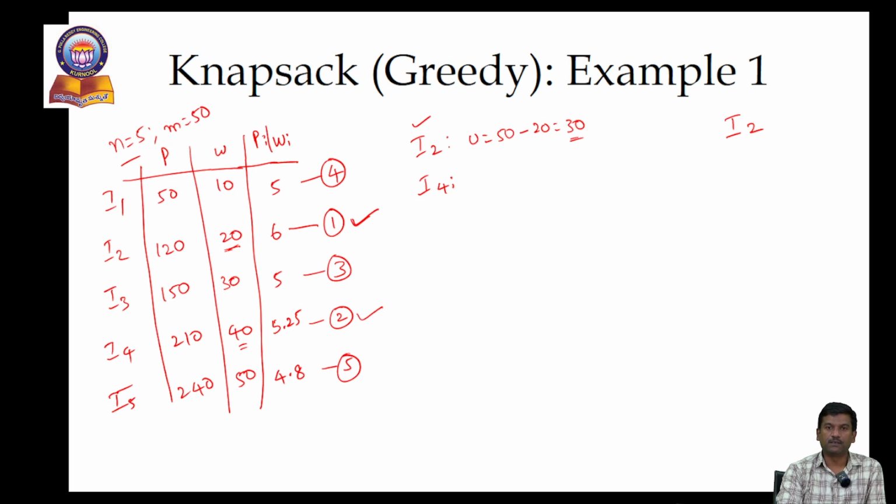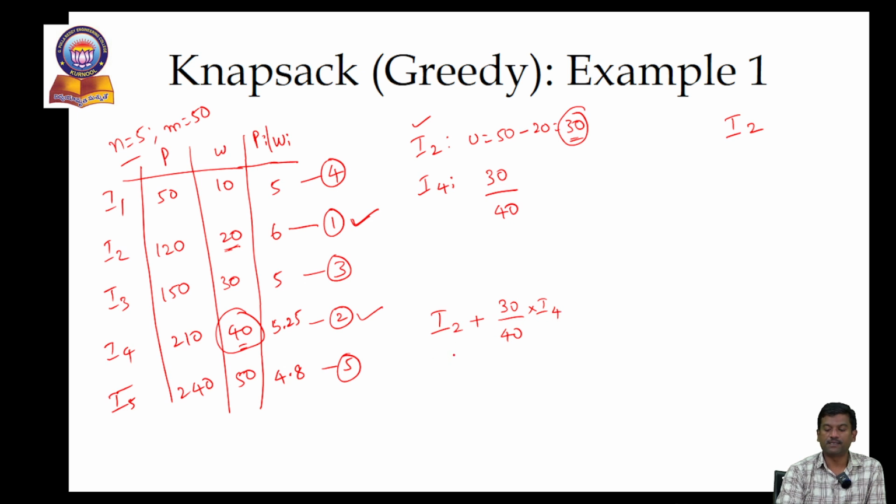And what should be done in such a case? If you recall the algorithm in the previous slide, if the weight exceeds, then break. The remaining capacity is equal to 30, and the weight of the item you are including is 40. So the items to be added are item 2 plus 30 by 40 of item 4.